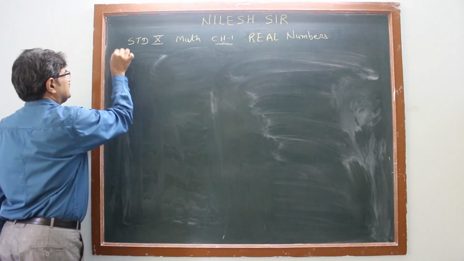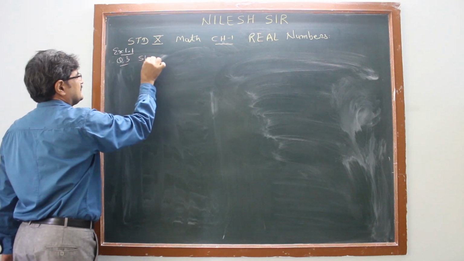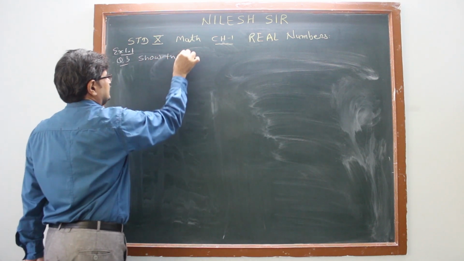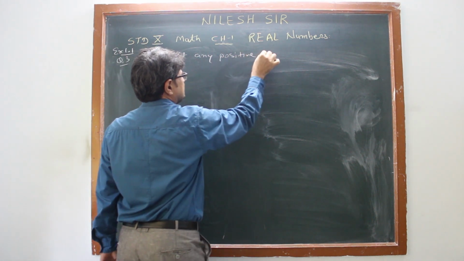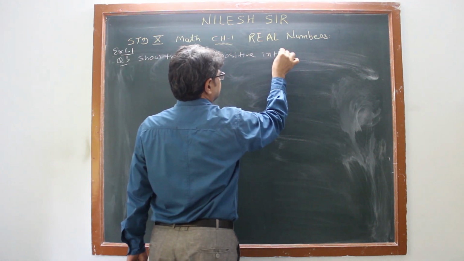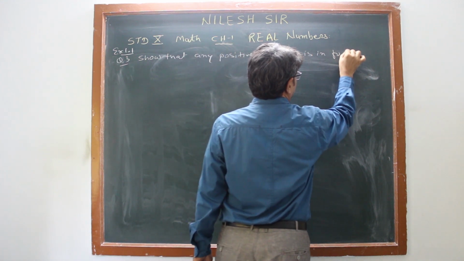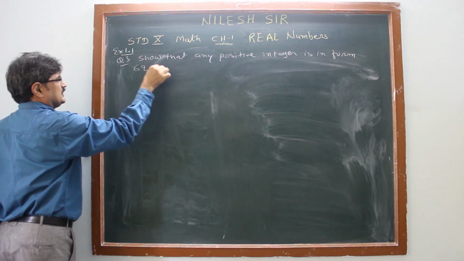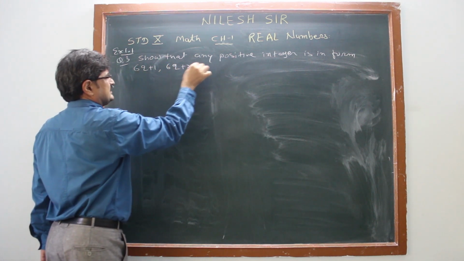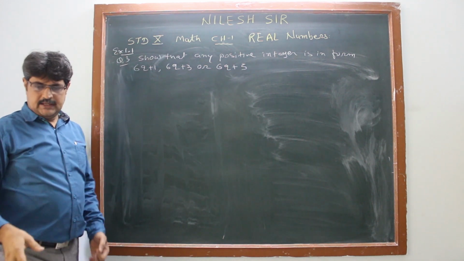So question number 3 of exercise 1.1, that is, show that any positive integer is in the form 6q plus 1, 6q plus 3 or 6q plus 5.